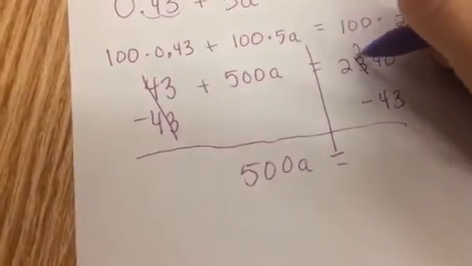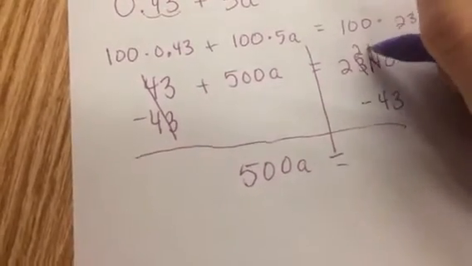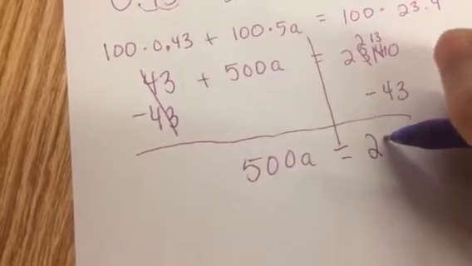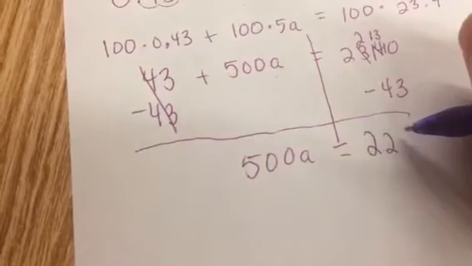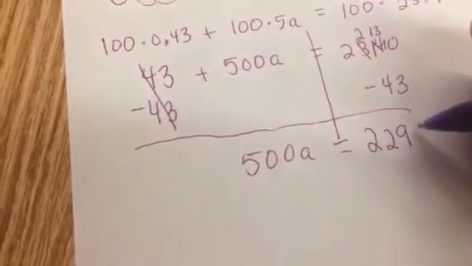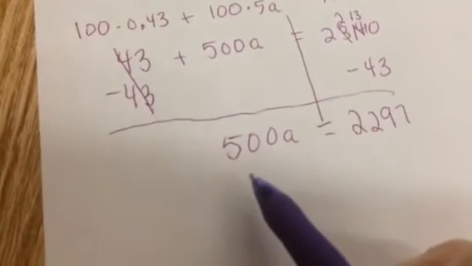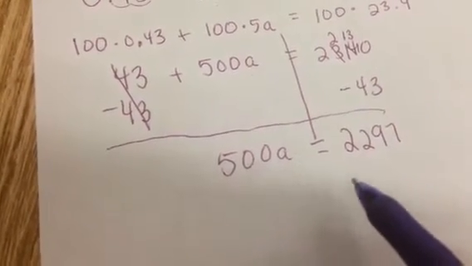We have to borrow all the way over here. So I'm left with 2,297. Okay, so I have 500a equals 2,297.